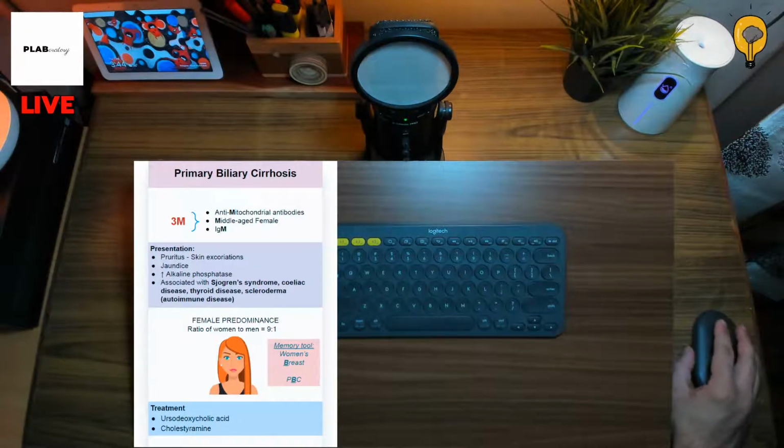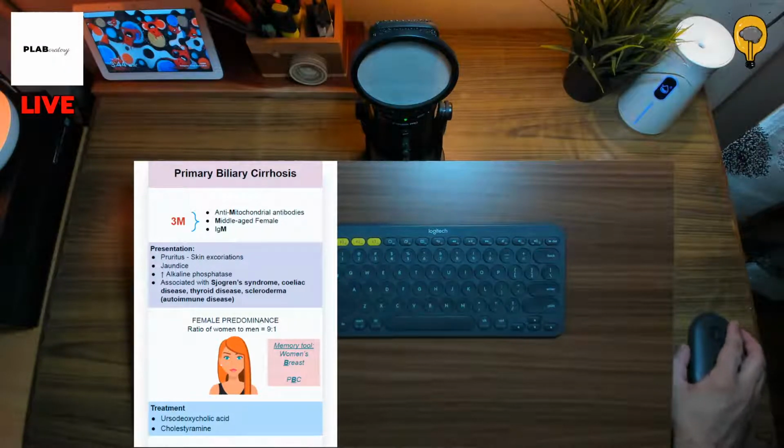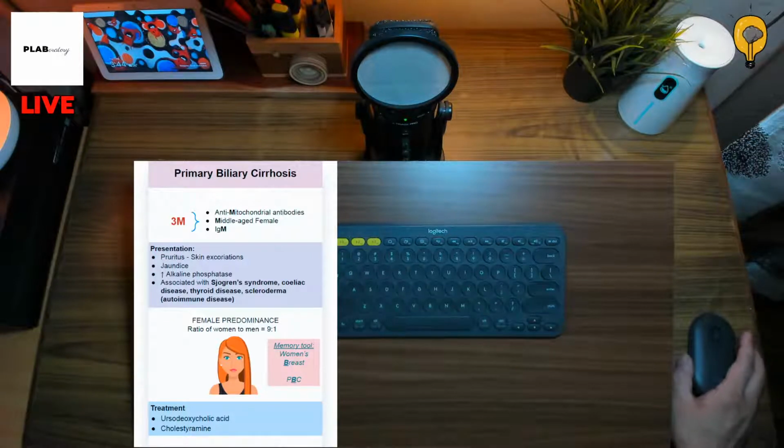So primary biliary cirrhosis, 3M: middle-aged women, anti-mitochondrial antibodies, IgM. Presentation would be pruritus or itching, fatigue or sleepiness, and obstructive jaundice, which is a late sign. Then investigation, alkaline phosphatase would be raised.